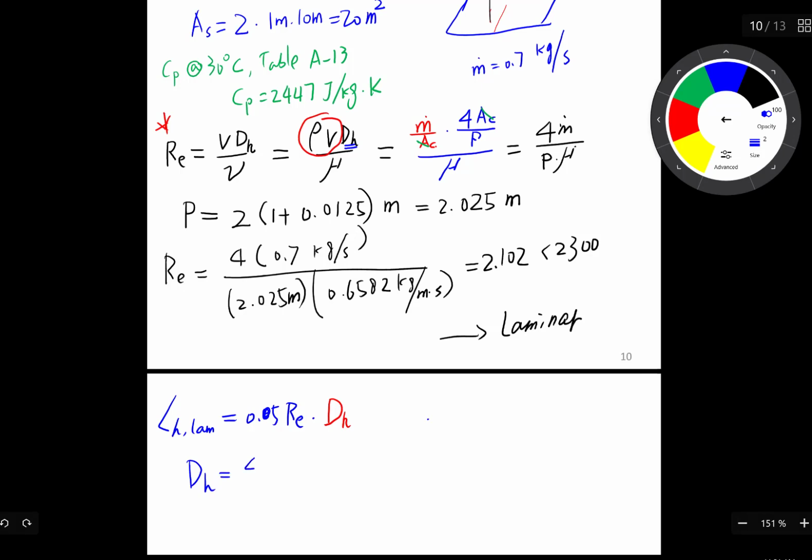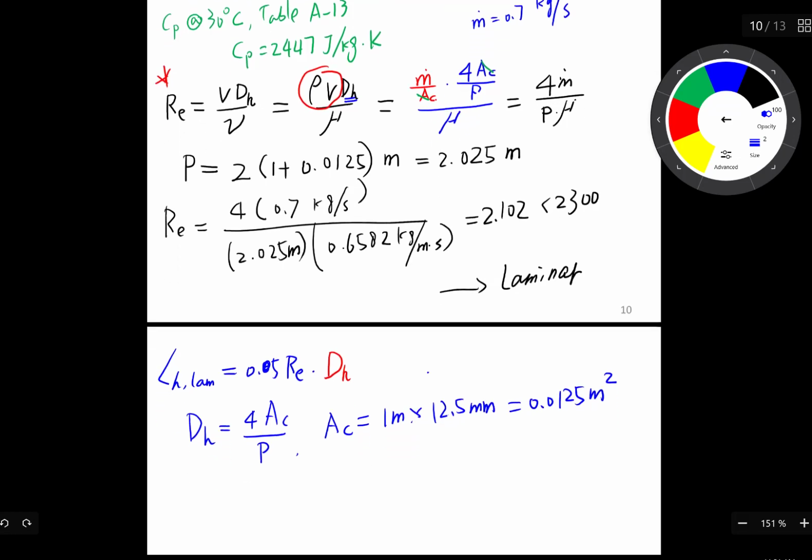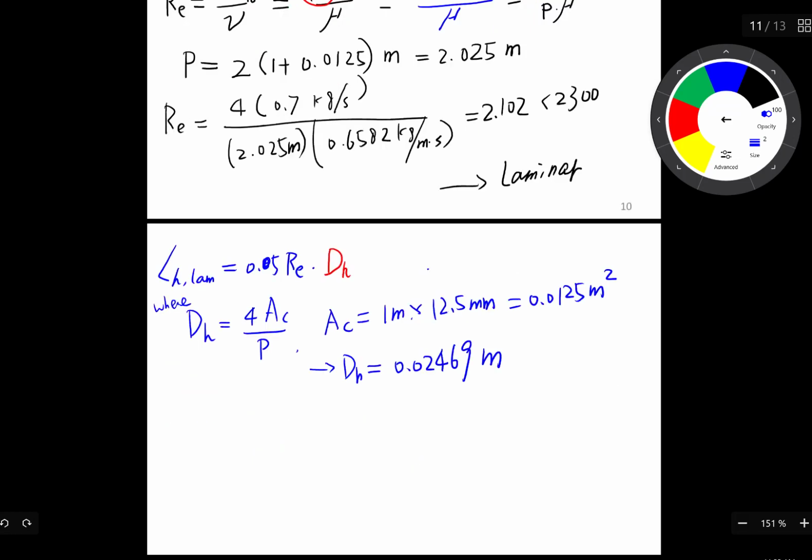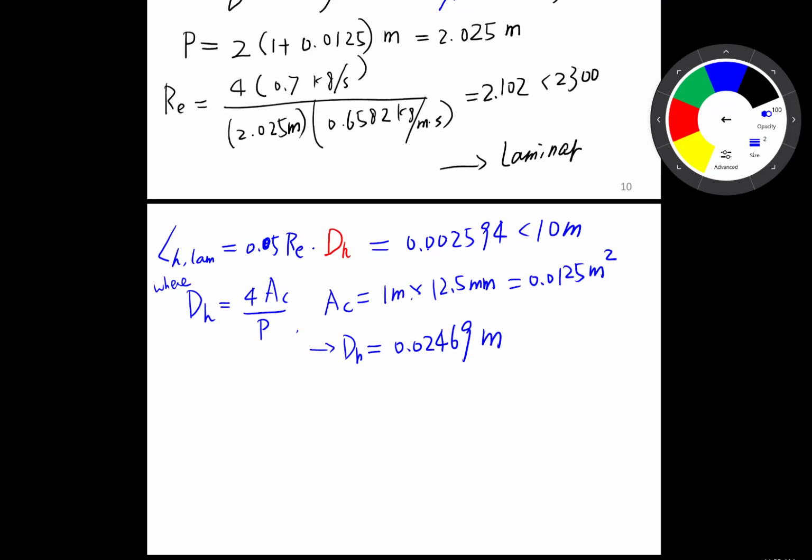The hydraulic diameter, again, is 4 times the cross-sectional area divided by perimeter, and the cross-sectional area A_c is 1 by 2.5 millimeters. So we can find d_H is this much. Then the hydrodynamic entry length. We find it's much smaller than the length of the plate. So this means the flow is hydrodynamically developed.